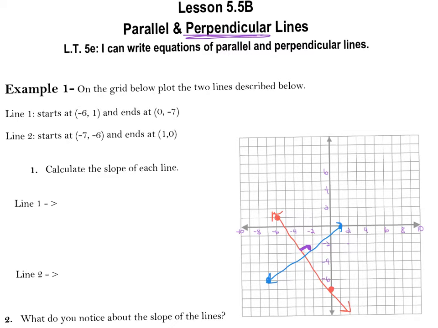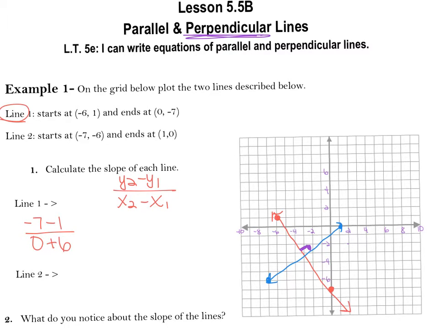So what we're going to do is actually calculate the slope for each of those. So we're going to continue using this y2 minus y1 all over x2 minus x1 formula. And I'm going to use that for my first line here. So I have negative 7 minus 1 all over 0 minus negative 6.